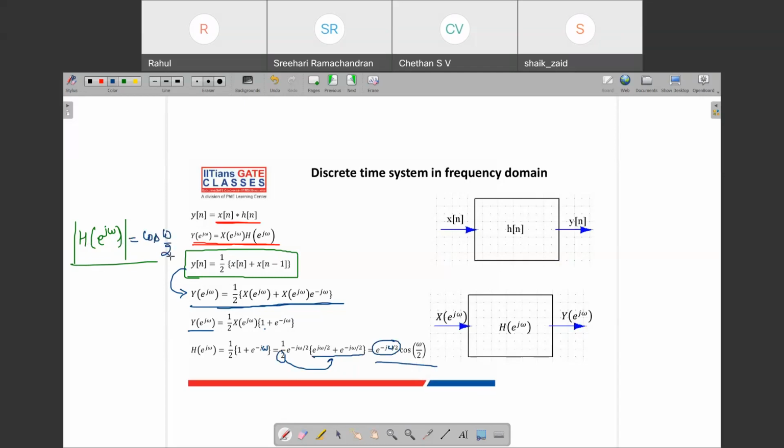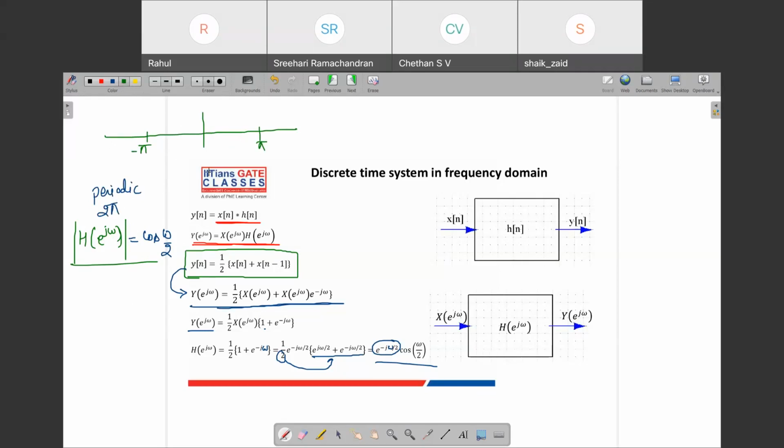Okay, now in this case, we know that H of e to the power j omega is periodic, and its period is 2 pi. So we will just plot this cos of omega by 2 only from minus pi to pi, which is the range of the period.